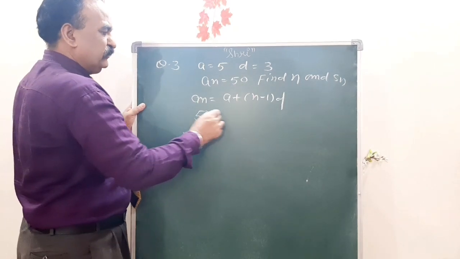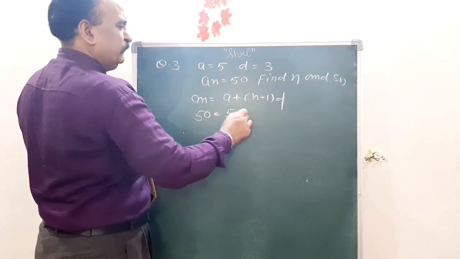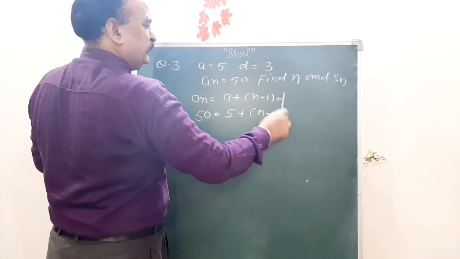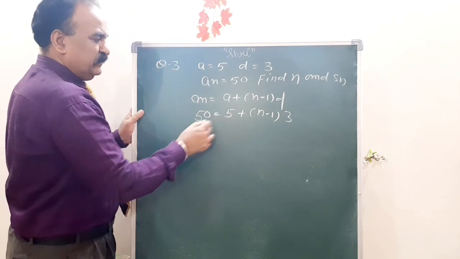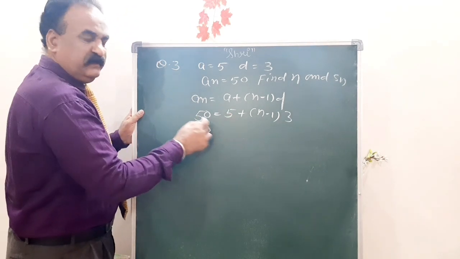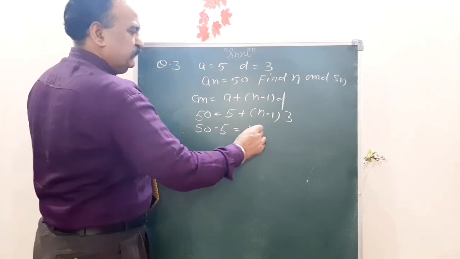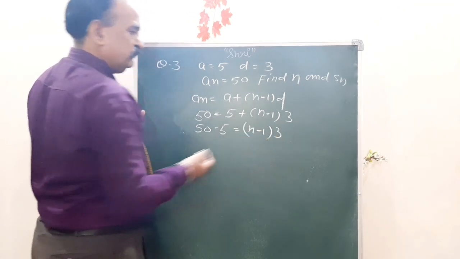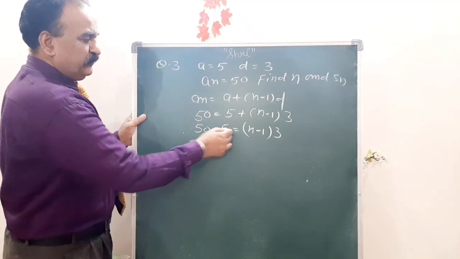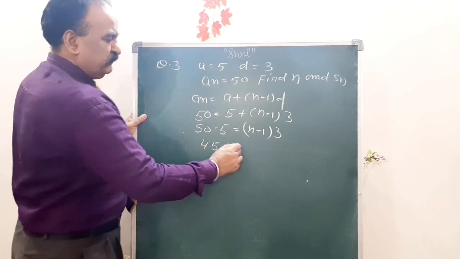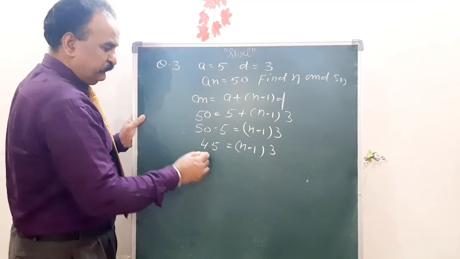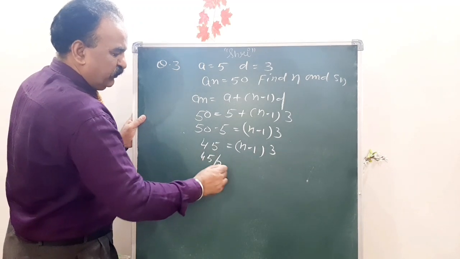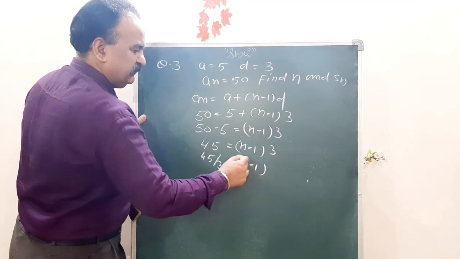So 50 is equal to a, the first term 5, plus n minus 1 into the common difference 3. So transferring 5 here, 50 minus 5 is equal to n minus 1 into 3. 50 minus 5 means 45 is equal to n minus 1 into 3. Transfer 3 here, so 45 upon 3 is equal to n minus 1.